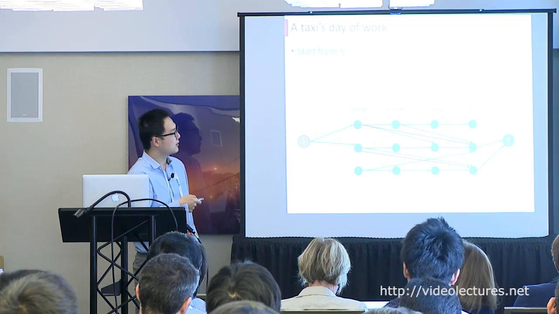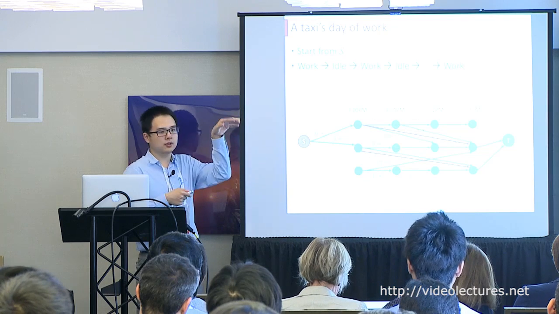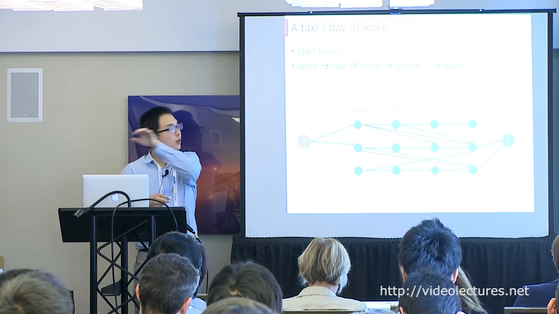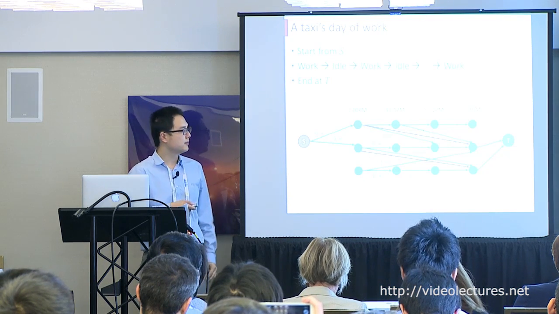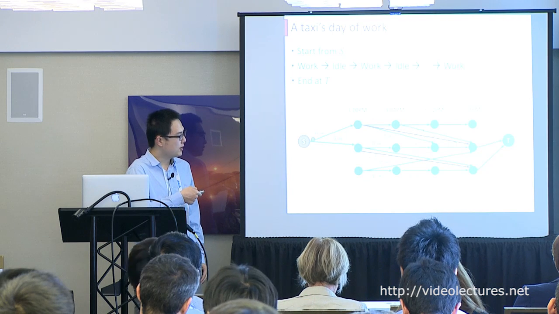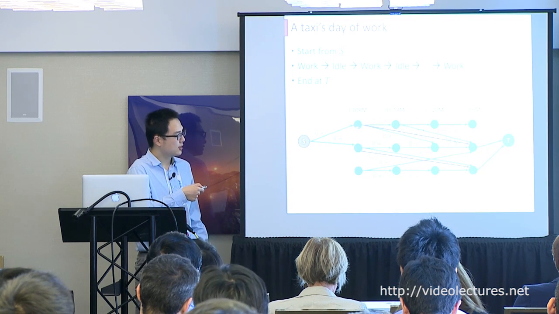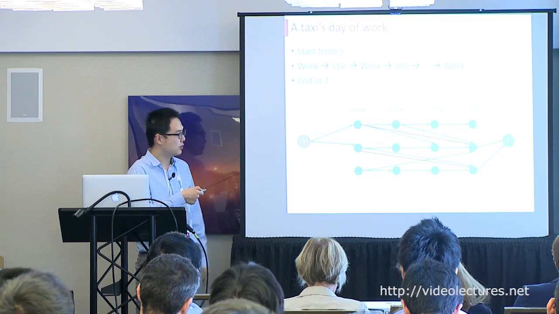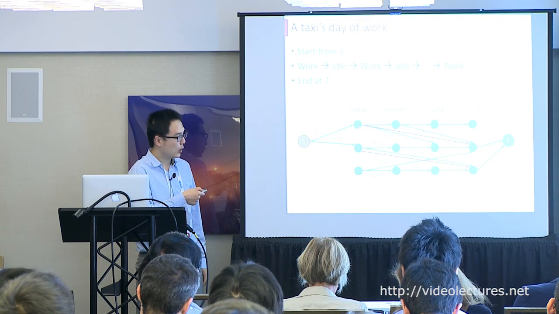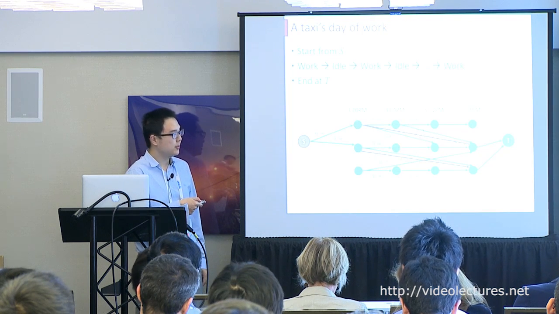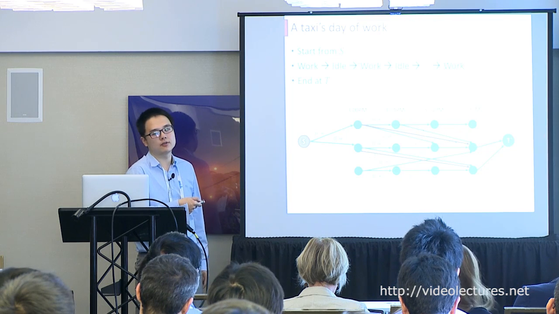It always starts from S, goes through this alternating work and idleness cycle, and then ends at T. For instance, this taxi starts to work at 3 p.m. in region A and takes one trip, ends in region B at 3:03 p.m., and then finishes his day of work at D.